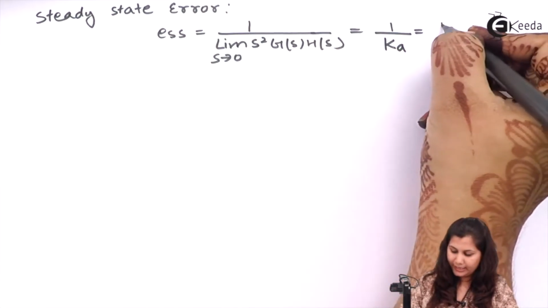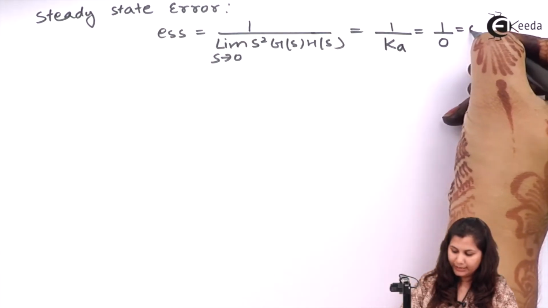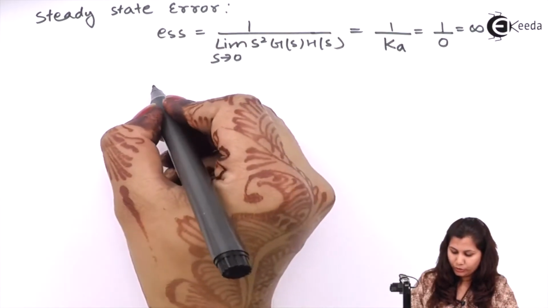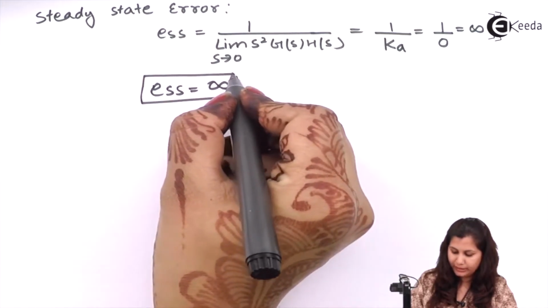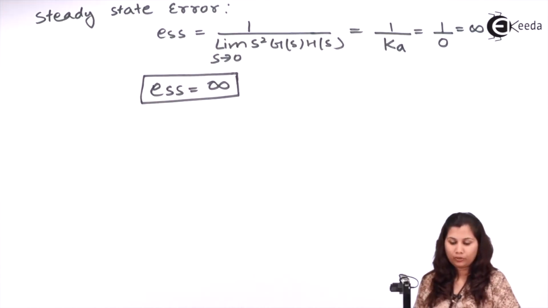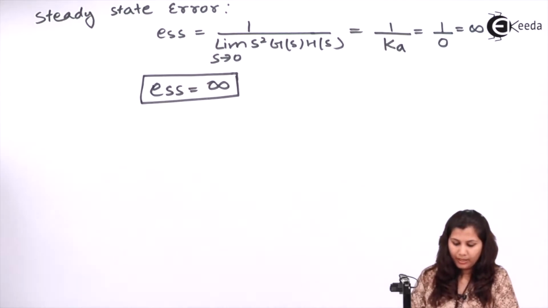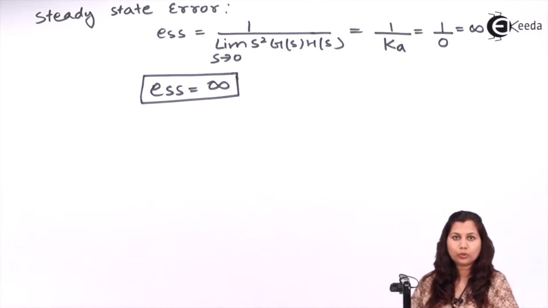So here Ka is 0, so 1 upon 0 is infinity. So steady state error for parabolic input and type 1 system is infinity. Okay. Now let us study the type 2 system.